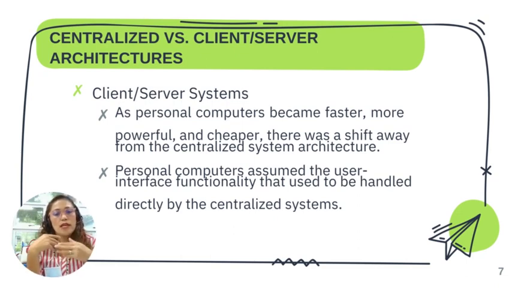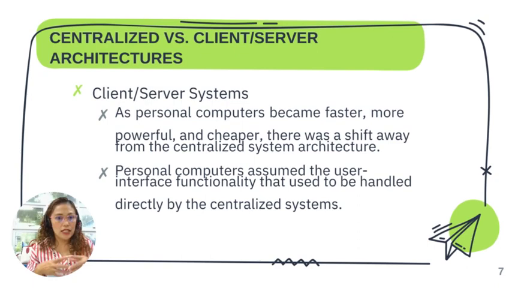When the personal computers became faster in terms of processing tasks, more powerful and cheaper, there was a shift away from centralized system architecture into client server systems. So in client server systems, you have basically a server which holds the application and the database.